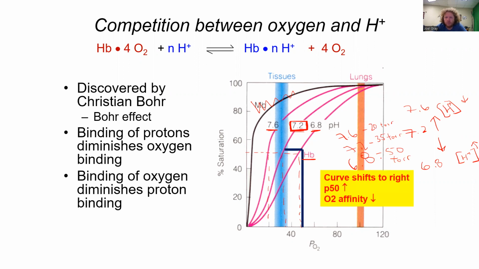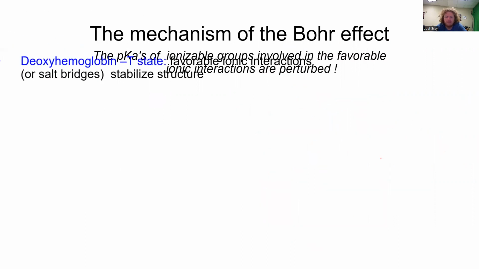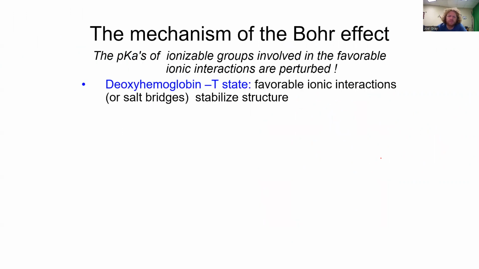And so what Christian Bohr did was he said, all right, well, let's get to the bottom of this. The pKa's of ionizable groups involved in the favorable ionic interactions are perturbed, they're changed. So in our deoxyhemoglobin, our T-state protein, there are favorable ionic interactions or salt bridges that stabilize that T-state.